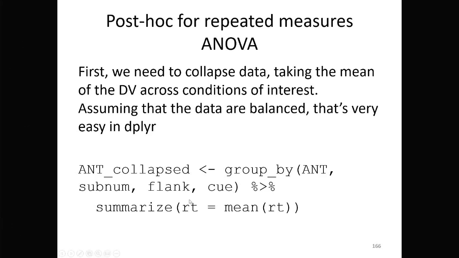There were many trials for each subject in each Q and flanker condition, so we first need to take the raw reaction times and compute the average within each condition defined by the combination of flanker and Q.